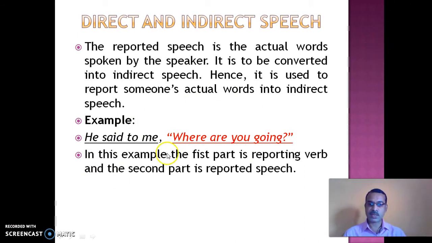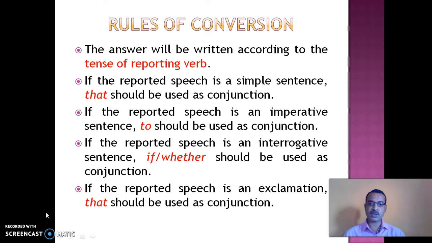For example, they do not choose the conjunction properly, they forget to remove the quotation marks, and again they are not able to convert the proper form of the pronoun in that particular sentence. So these are the common mistakes a student commits while converting direct speech into indirect speech. So let's have a look at the rules of conversion.